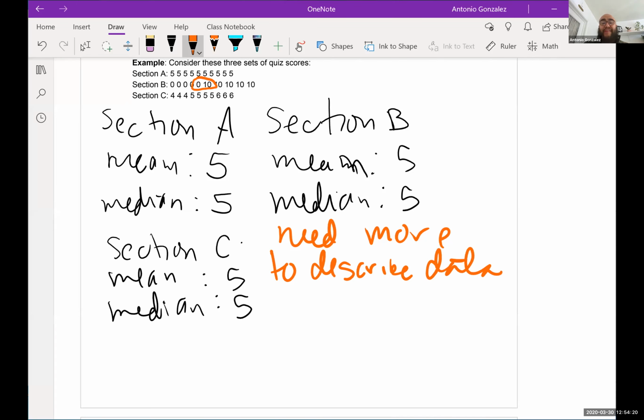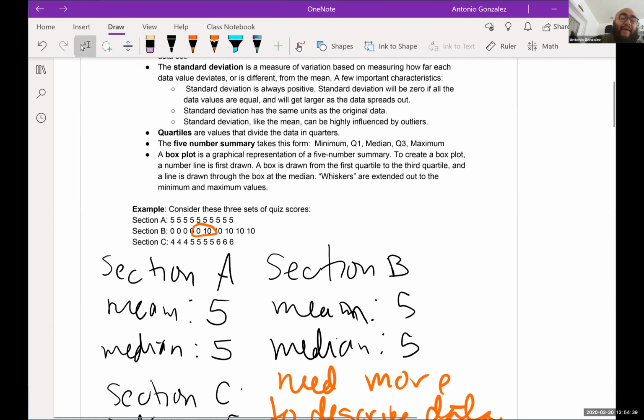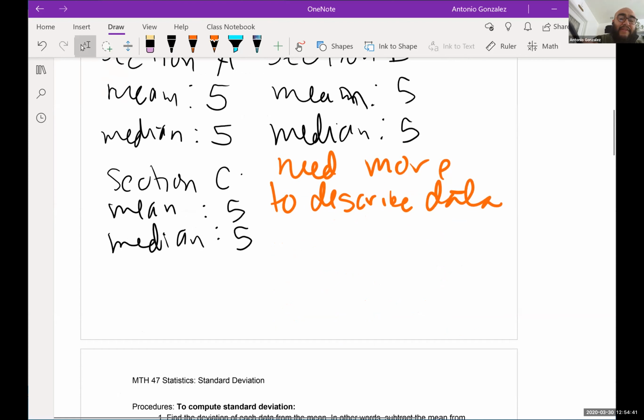Well, I need other pieces of information. All right, and that's where some of these other terms come into play. Right, the first one is the range, which is the difference between the maximum value and the minimum value of the data set. Right, so if we look at the example down here, let's calculate the range.